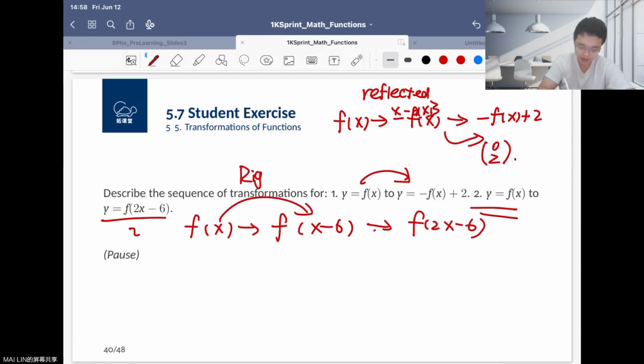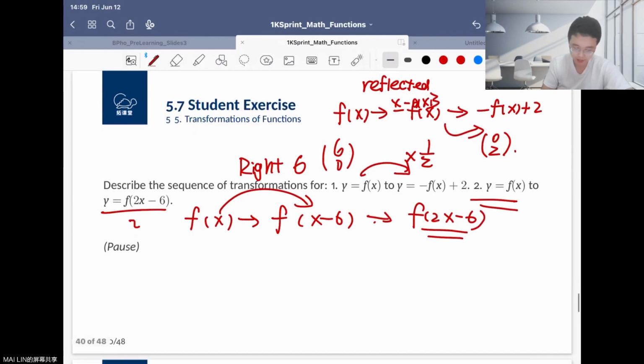Because we said right is negative and left is positive, right? So right for 6 units, that is (6, 0), okay? And then x turns into 2x, that means we have to multiply by a half on the x-axis, right? So it has been shrunk relative to the original shape, right? Okay, that is it. Those are the 2 changes of the transformation, okay?